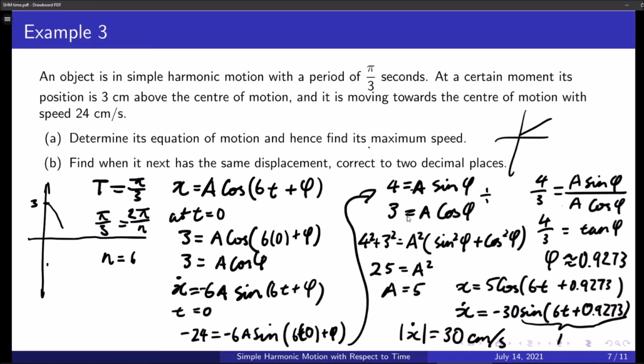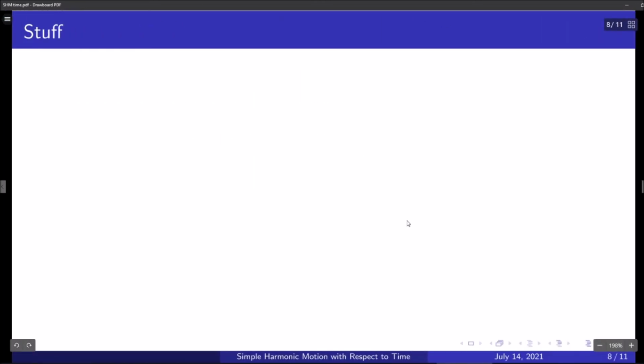So the next part is where it has the same displacement again. Remember, the initial displacement is 3. So we need to find t where x equals 3 again.